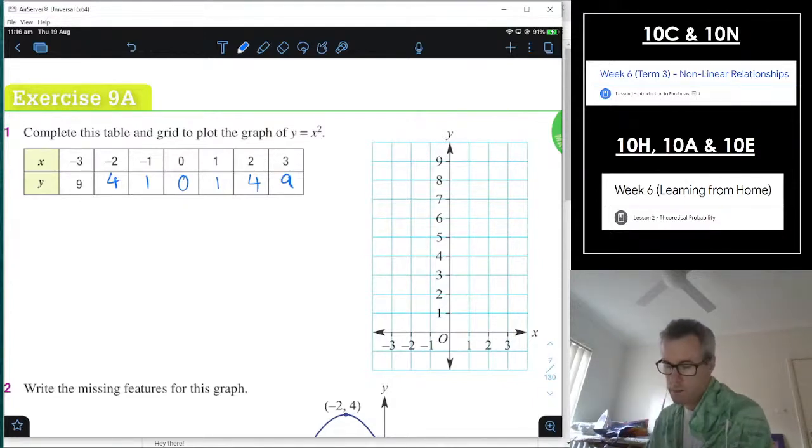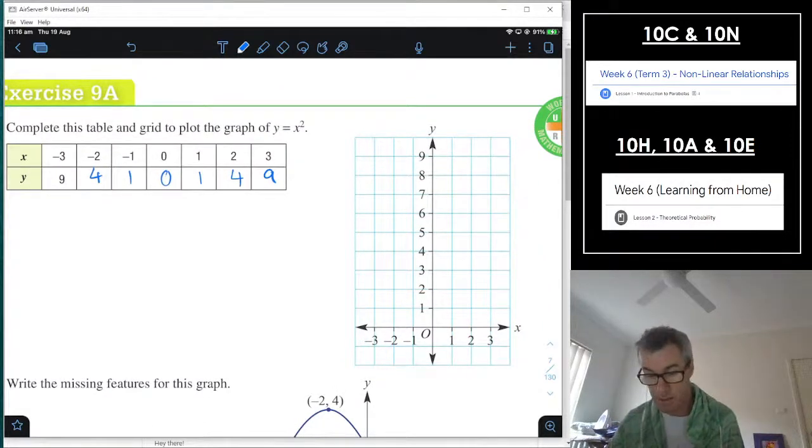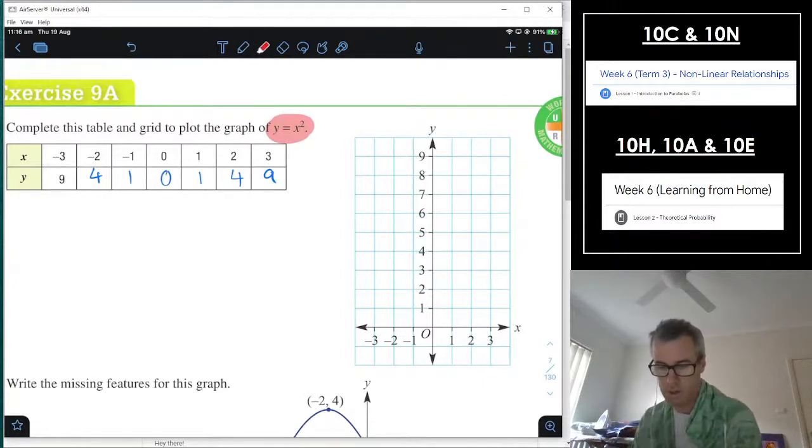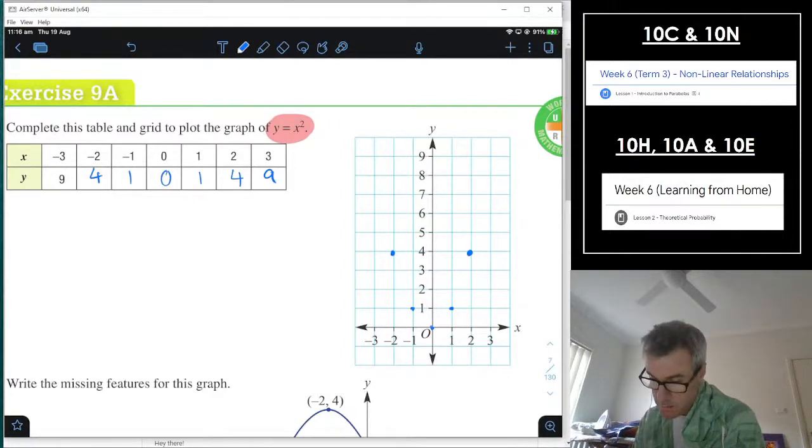So all it wants us to do is plot these values based upon this formula, this function. 0, 0 is there, that goes there, that goes there. This one goes here, and it parallels onto this side. This one over here parallels up to here, and that one parallels up to there.